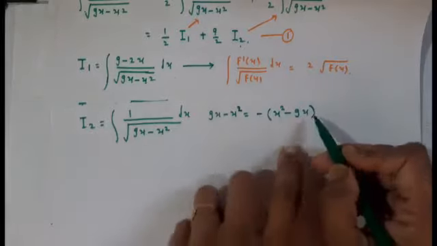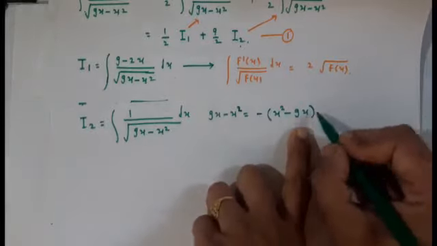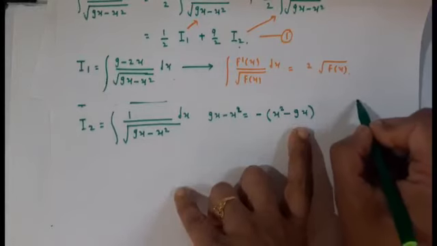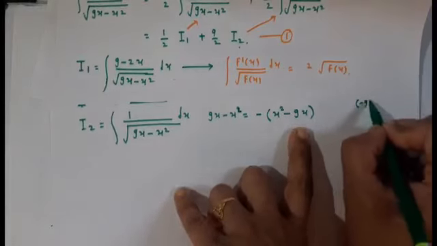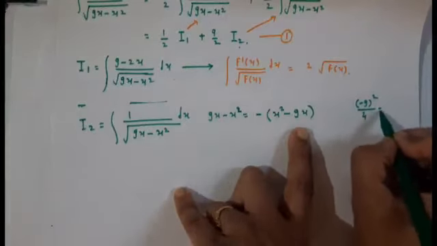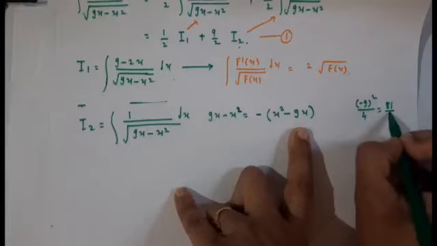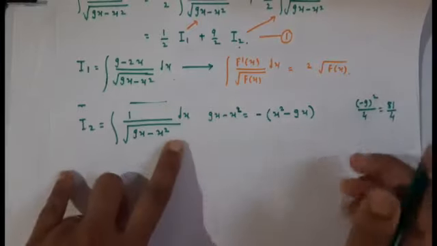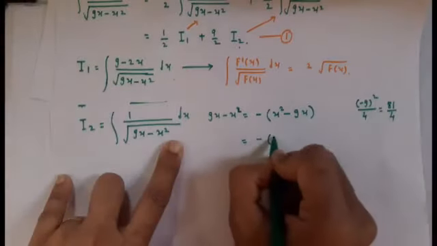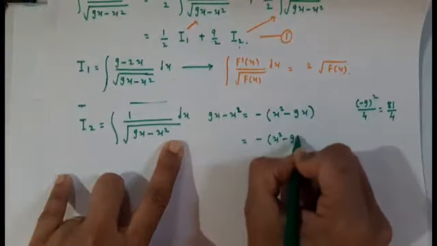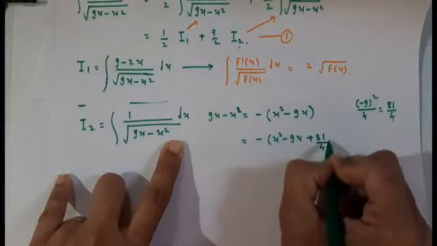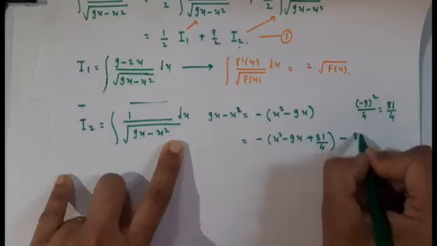And now adjust the term, that is b by a whole square. B by a is minus 9, whole square is 81, minus 9 whole square upon 4, and that's why we have to adjust the term 81 by 4. So this is equal to minus x square minus 9x plus 81 by 4 minus 81 by 4.